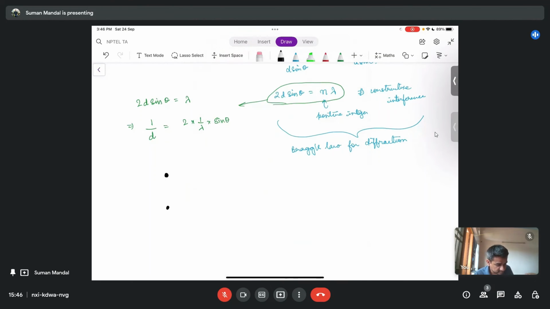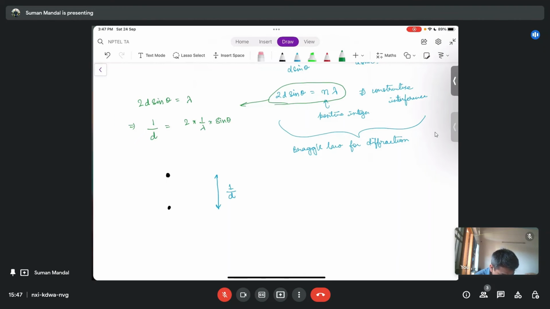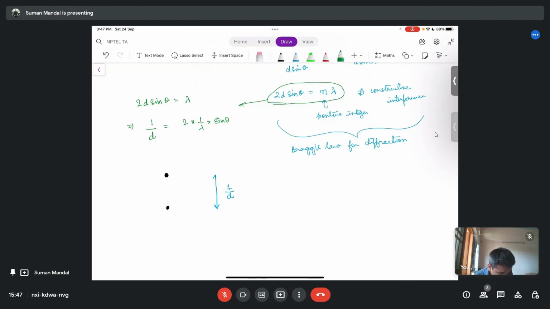It's in reciprocal space, so the distance is 1 by d. That is where the LHS comes from.